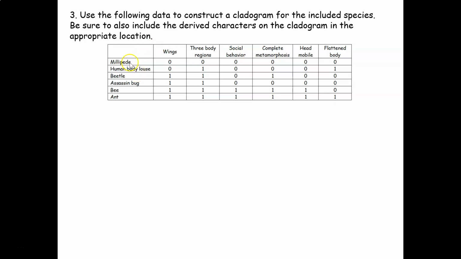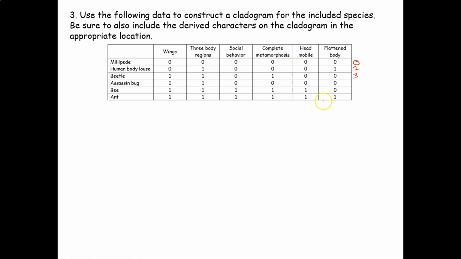So if I take a look up here, there's my millipede, right? And if I look across that particular set, he doesn't have any of the traits at all. The human body louse has the 3 body regions, also has the flattened head, so he has 2 traits. The beetle has the wings, the body region, and the complete metamorphosis, so he has 3 traits.